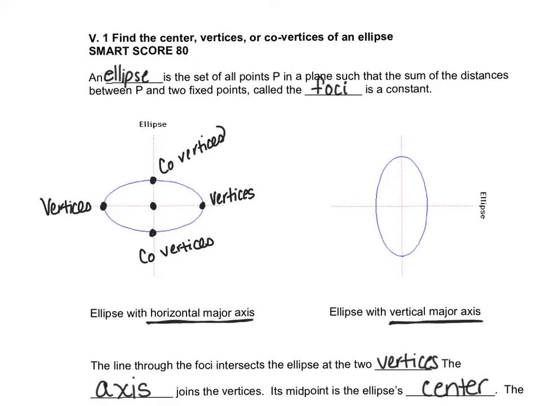When you do your practice, you're going to have to list the ordered pairs, and we'll practice that also. If you look at the ellipse on the right, these two points are the vertices. Here's your center. Let's label this as center too. And then the covertices are on the left and the right.